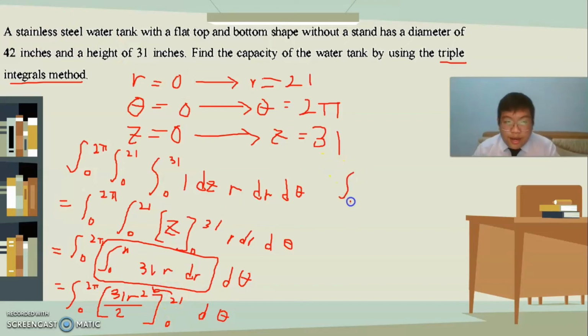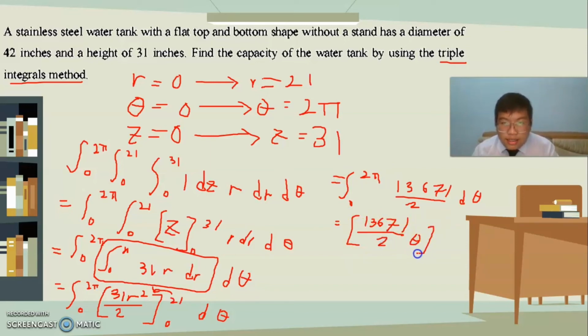Then we will get 13671 divided by 2 with respect to d theta. This is a constant, so we just have 13671 divided by 2 theta, with limits 0 and 2 pi.